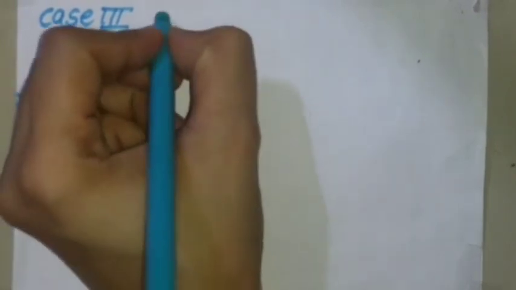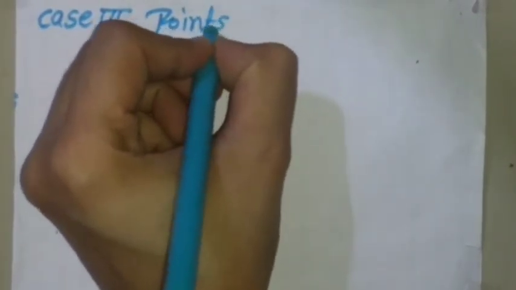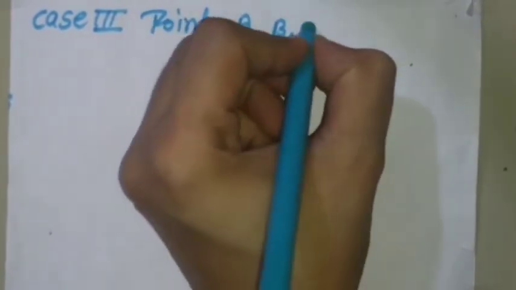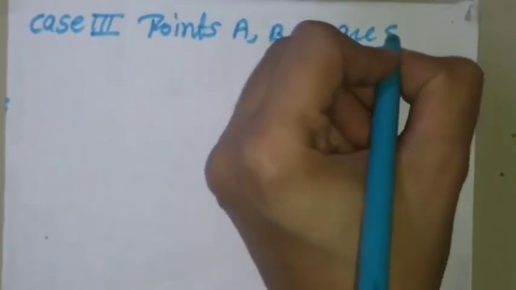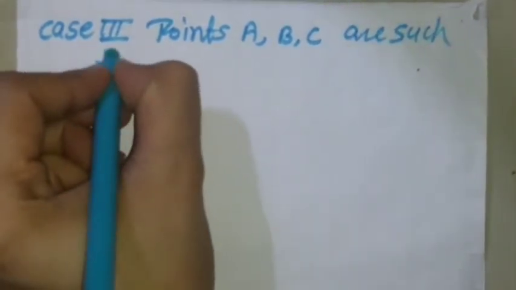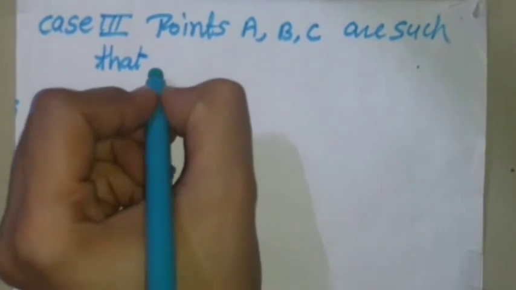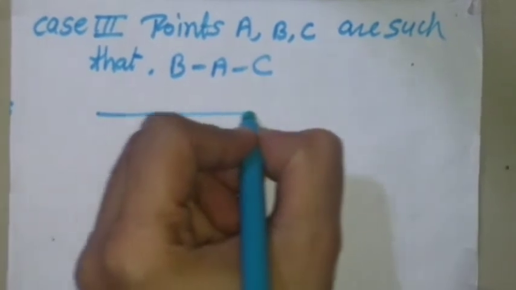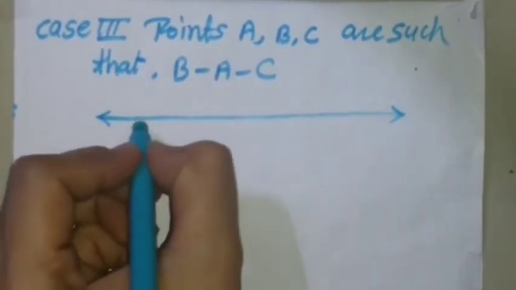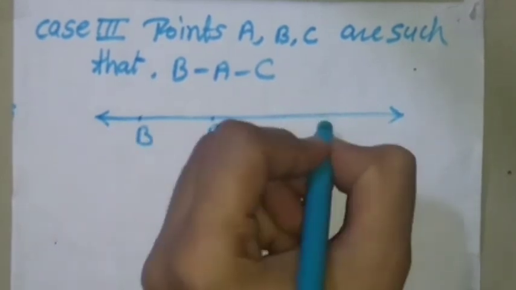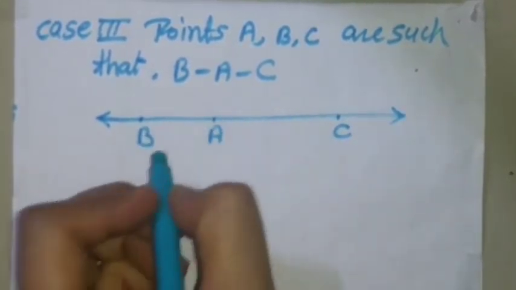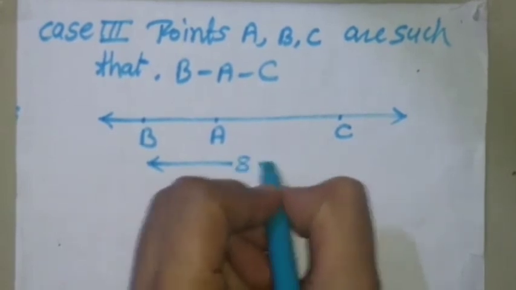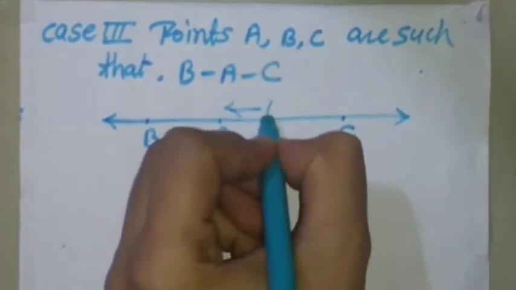Case 3. Points A, B, C are such that B, A, C. Distance of BC equal to 8. Distance of AC equal to 10.